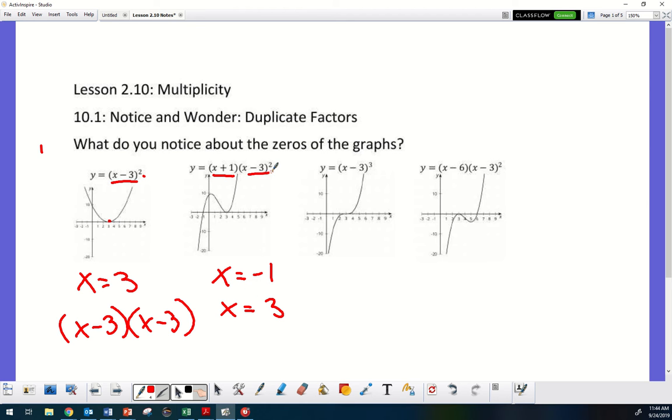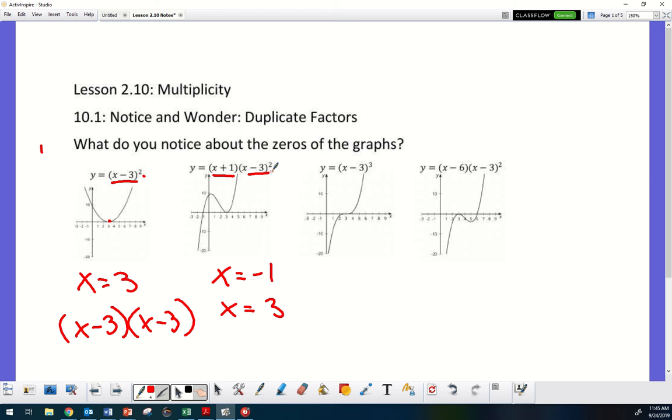If I count it, like on the previous one, I have x squared, but I have times another x. Together, that gives me x to the 3rd power. So we're going to have x equals negative 1 and x equals positive 3.